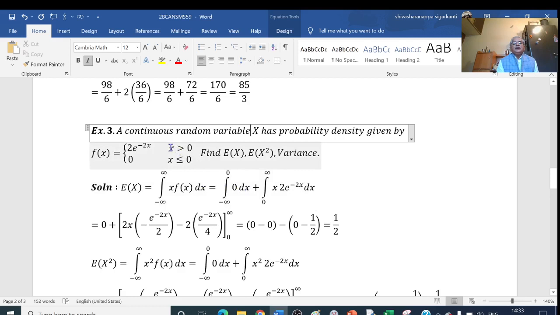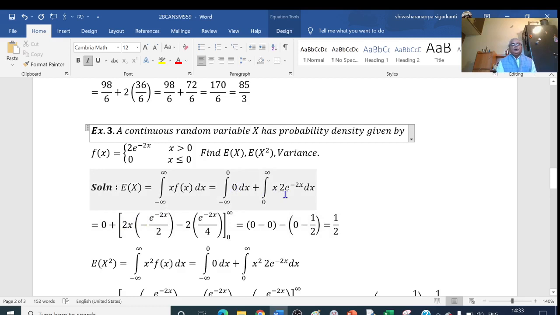For x greater than 0, x takes values from 0 to infinity, and f(x) is 2e^(-2x). That x f(x) dx. The first integral is equal to 0 because the function is 0 there.